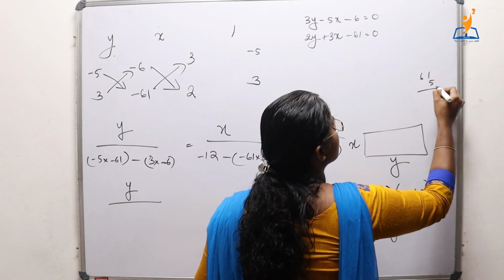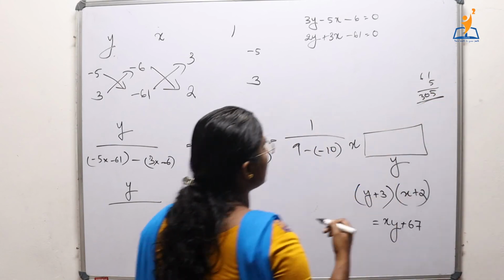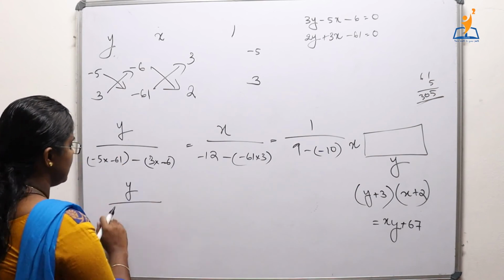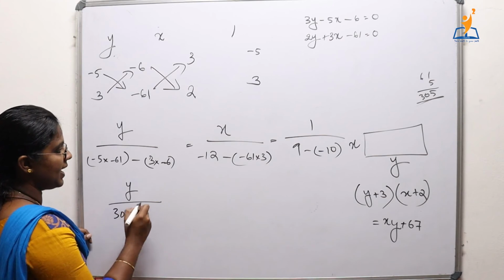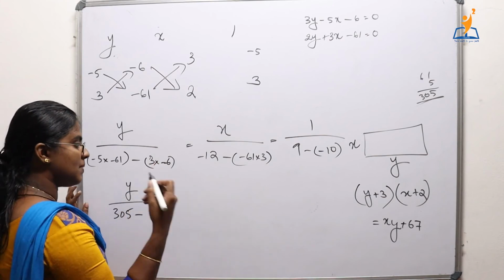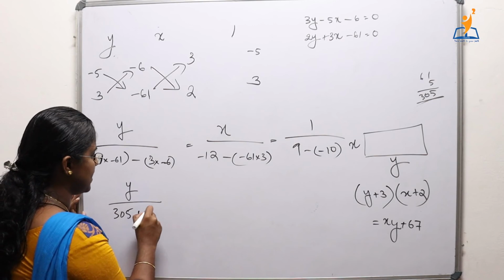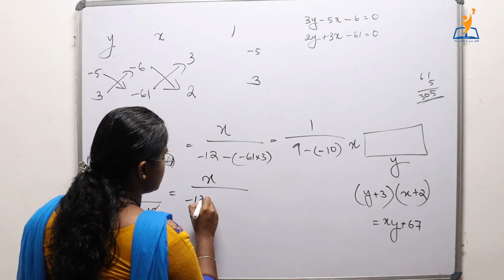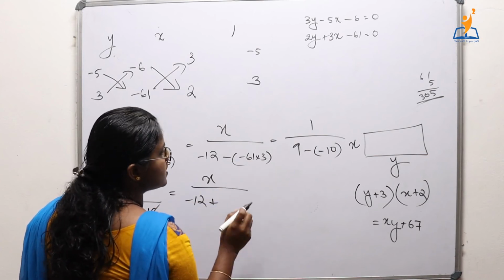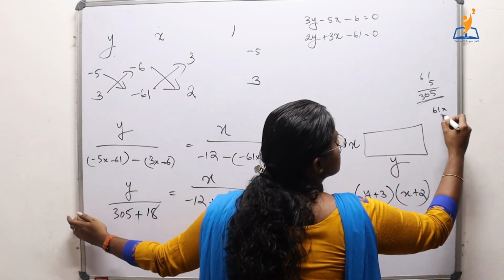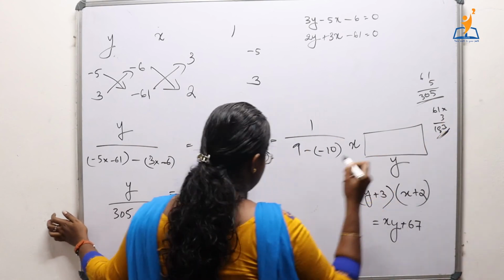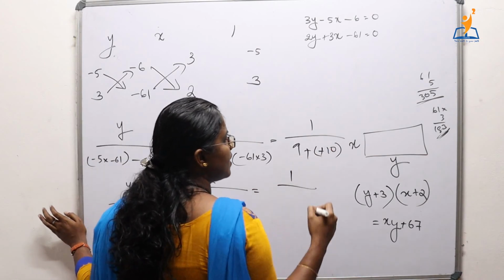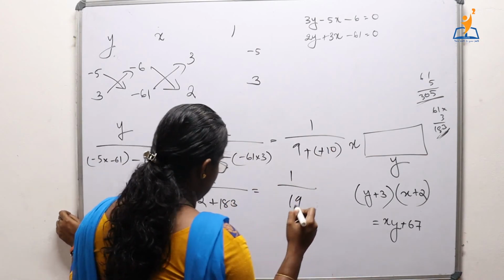So we have to do 61 into 5, that is 305. So y by 305, negative and negative gets into positive, 305 minus 3 into minus 6 is minus 18. So that minus and this minus will get into positive. So 305 plus 18. x by minus 12, minus and minus gets into positive, so 61 into 3, 61 into 3 is 183, which is equal to 1 by 9 plus 10, it is 19.